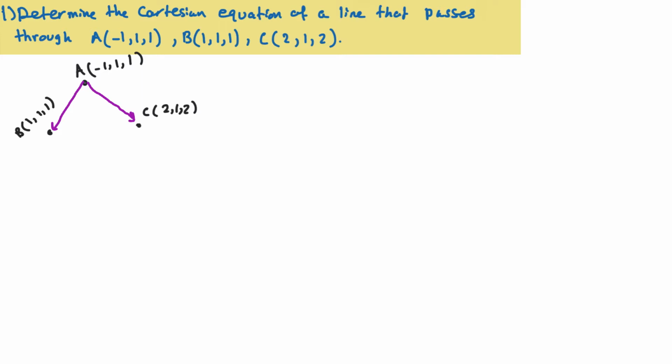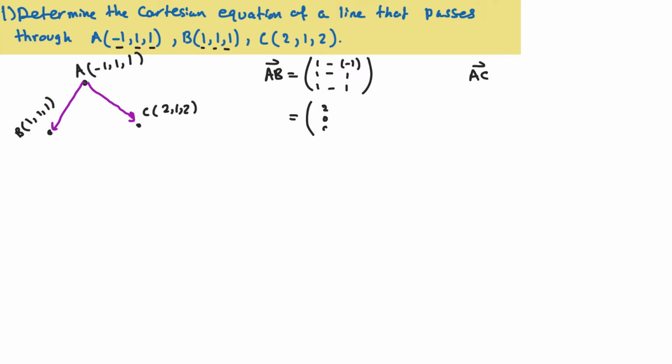So first, let's find vector AB, and let's find vector AC. For AB, we are going to use the coordinates of B, 1, 1, 1, and subtract the coordinates of A, negative 1, 1, and 1. Okay, I chose the numbers so that we can get easy values here.